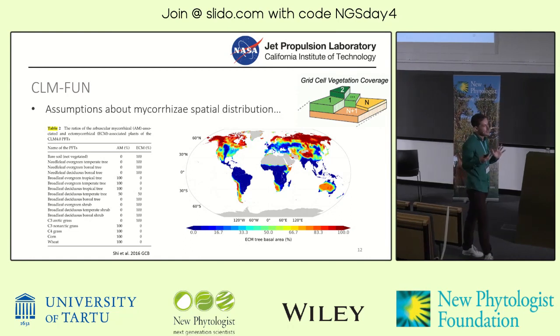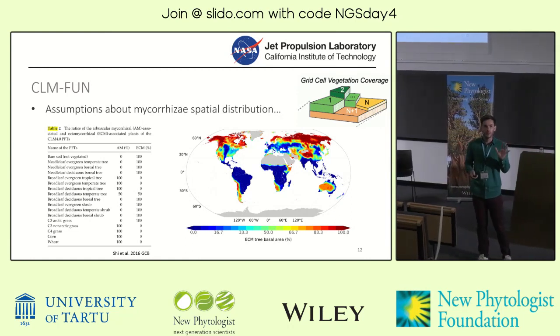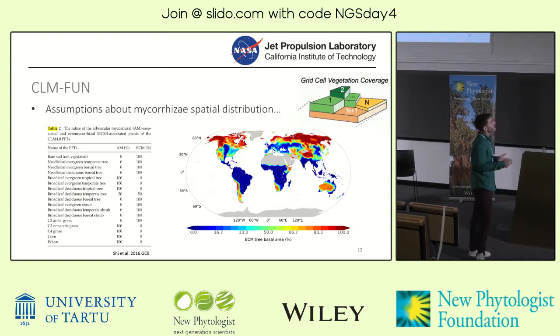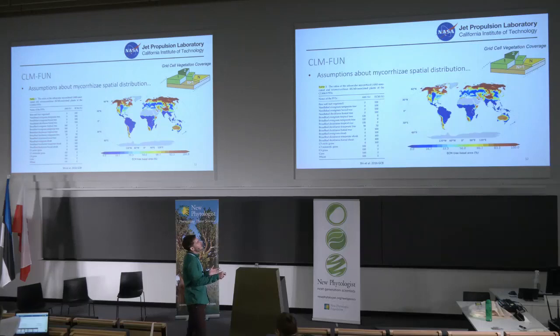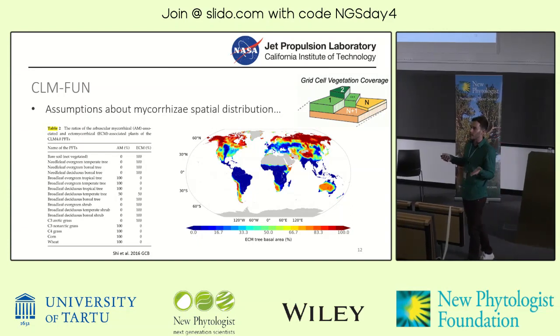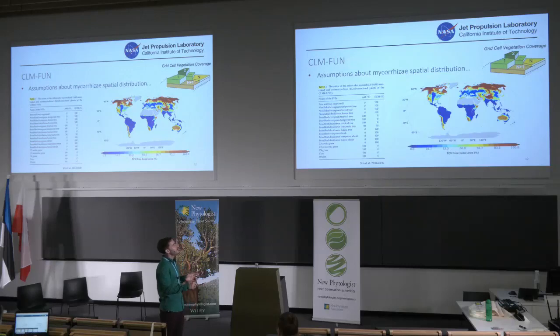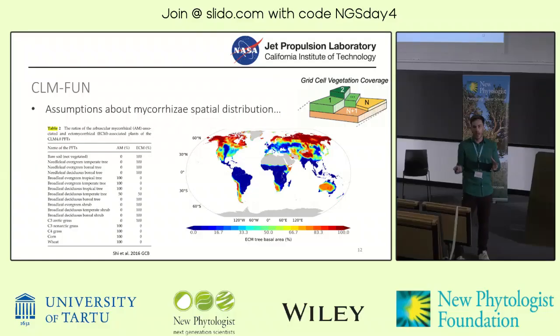For years, scientists have been thinking that mycorrhizae, and I'm just talking here about these two main types, arbuscular and ectomycorrhizae, the tropics are mostly arbuscular mycorrhizae dominated, and the extratropics are mostly ectomycorrhizae dominated. And so to replicate this pattern, we associate one type of mycorrhiza or the other with plant functional types.